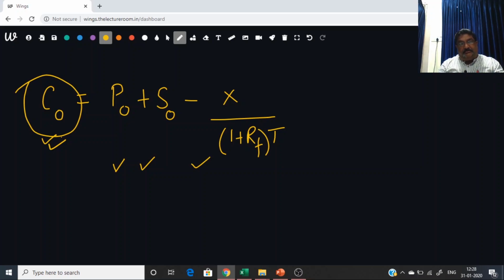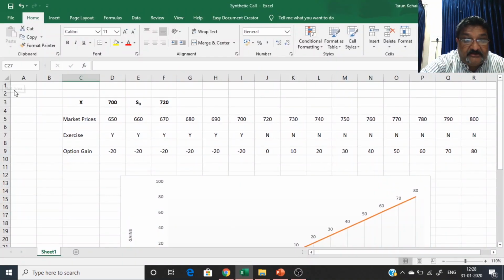Now, how do you apply this in a live scenario? Let me show this to you on Excel. Let's take the hypothetical example of a trader. Let's say a trader has just invested in a stock, maybe a stock of Reliance, and I'm just taking a hypothetical figure.